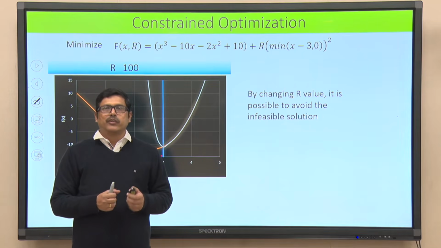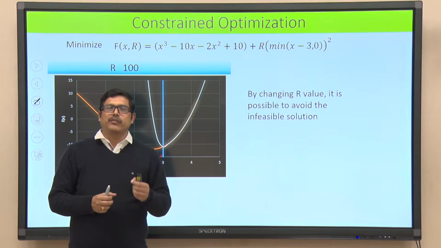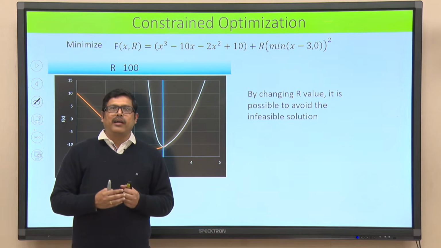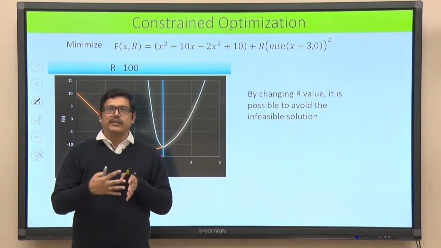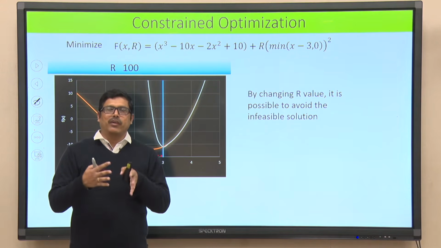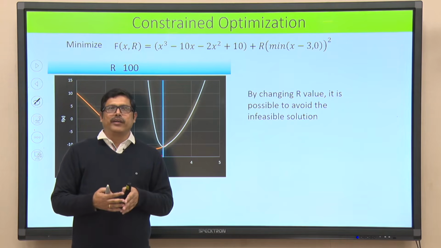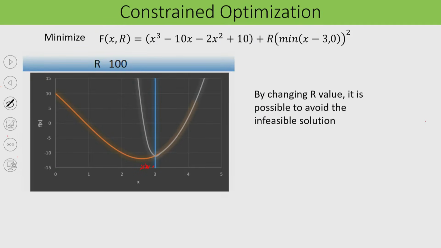So, in this case we have to start with a smaller value of r, and then we can increase the value of r in a step manner, and for a large value of r you will get the constrained minimum solution of this problem.